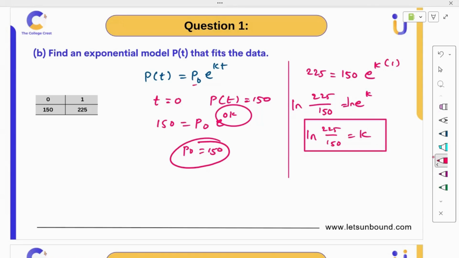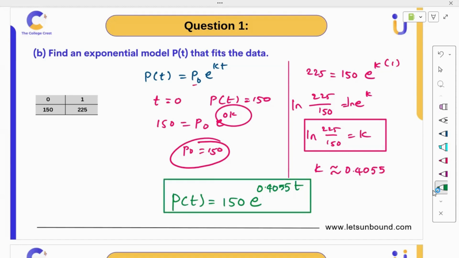You can keep it as it is, or approximate it to a decimal, approximately 0.4055. So my model will be P of t equals 150 e power 0.4055t. This is my exponential model that fits this data.